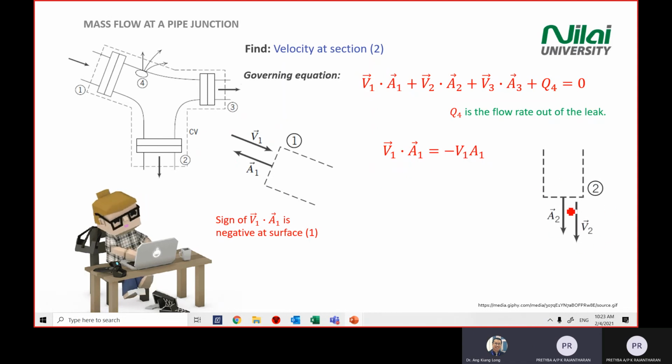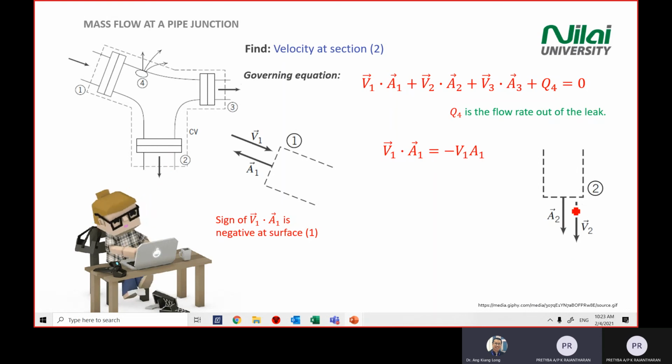So number 2, if you have vector V2 and area 2, you see number 2 here, how we draw all these vectors, you start with the area first. If the area number 2 is open, it is pointing downwards, meaning it is pointing out, and then your velocity is going out from this point.